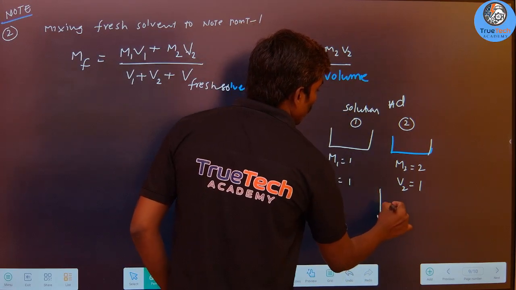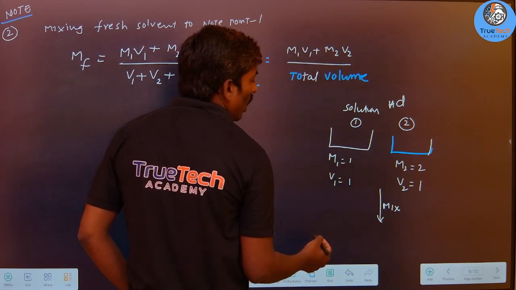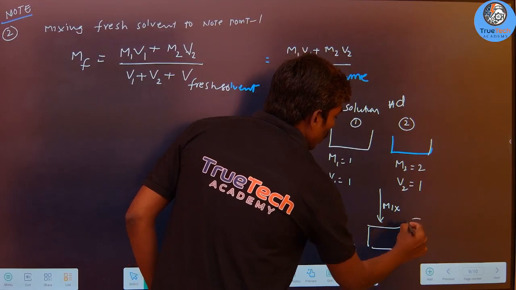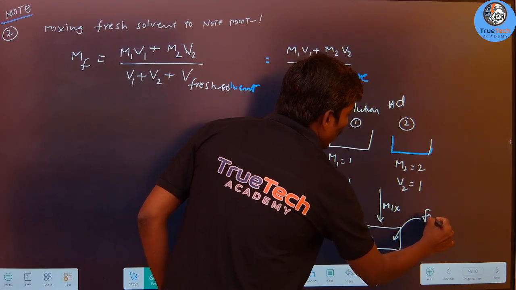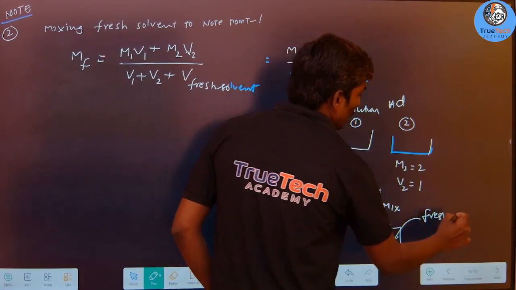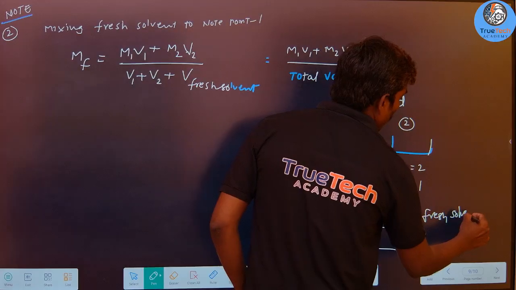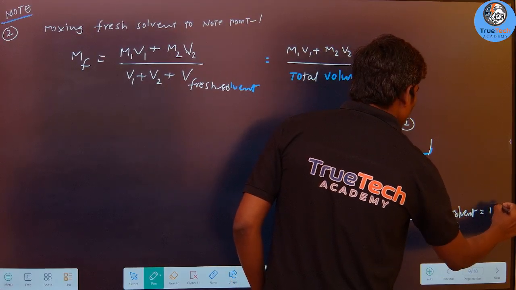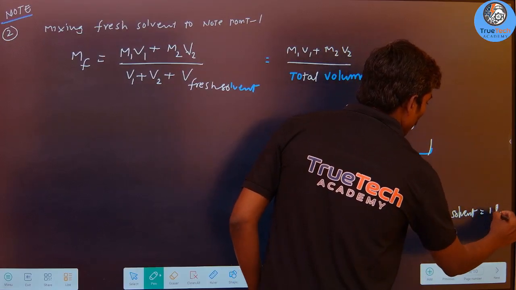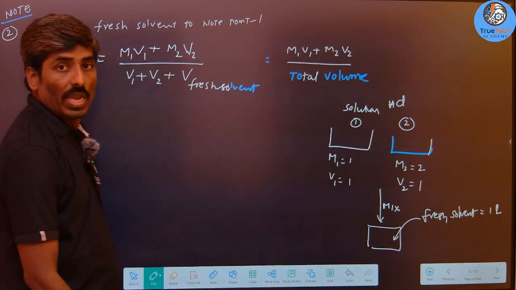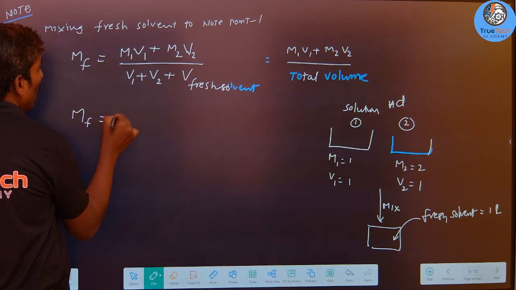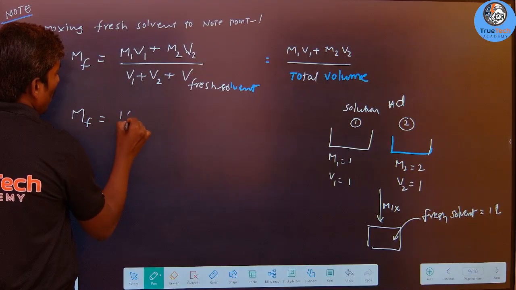After mixing, we add fresh solvent. How much are we adding? Say 1 liter. Now in this case what will happen? Final molarity equal to M1 V1, 1 into 1, plus M2 V2.